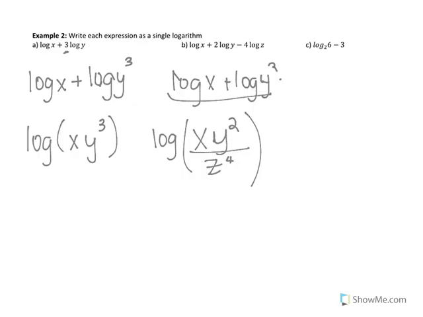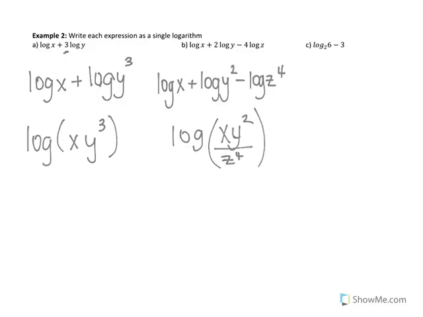And the last one, we have log base 2 of 6 minus 3. So I want to rewrite this to have log base 2 as well. Let's think about this 3 over here. We want to make it a base of 2. So log base 2 of something makes 3, and that something is going to be 2 to the power of 3.